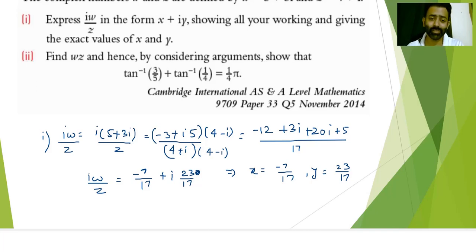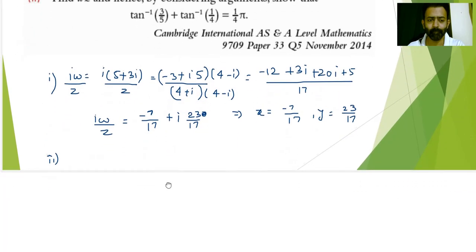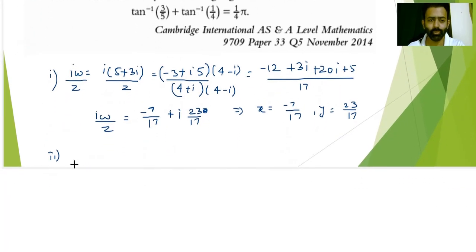So first we need to write down this w and z in e raised to power i theta form. Okay, so in the second part w was 5 plus 3i, right, and z was 4 plus i, right?